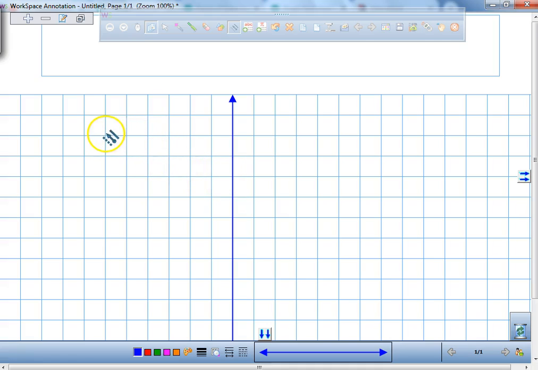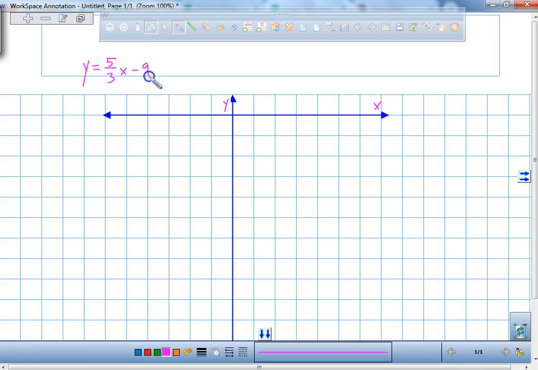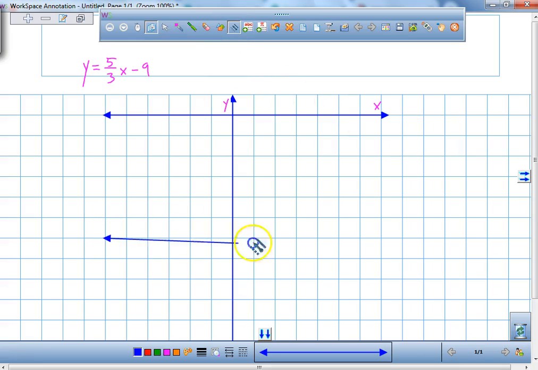When I make this, I'm actually going to make my x-axis way up high, because I'm graphing the equation y equals 5/3 x minus 9. Why do you think I made my x-axis really high versus putting it right here?